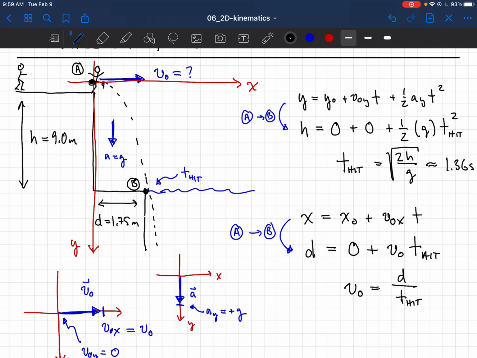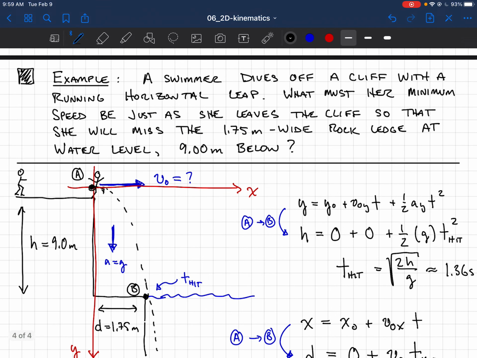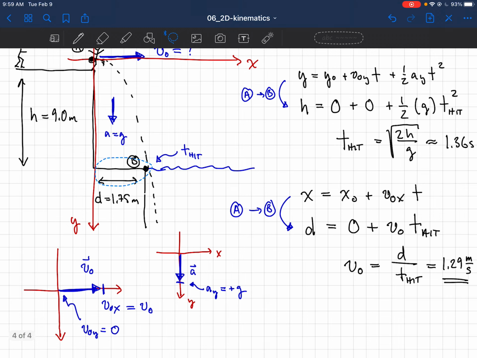So that is going to be 1.75 divided by 1.36, and that's 1.29. And that will be in meters per second. So that's the answer to the question. We were asked, how fast must she go at this point in order to not hit the ledge below? And the answer is a little more than a meter per second.